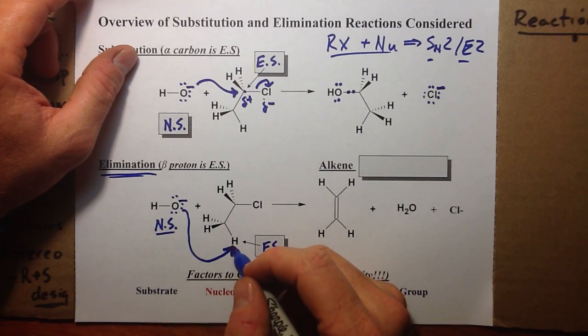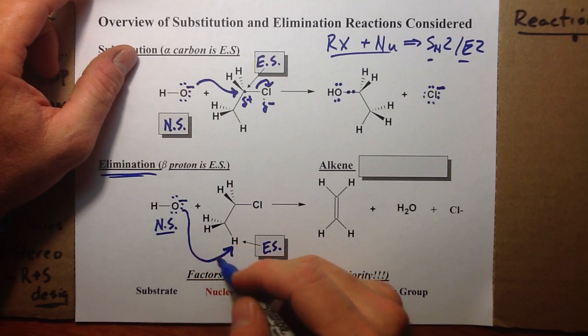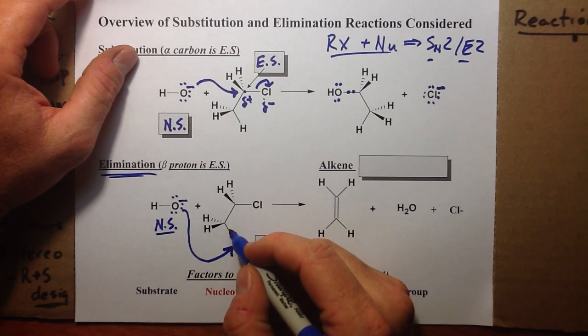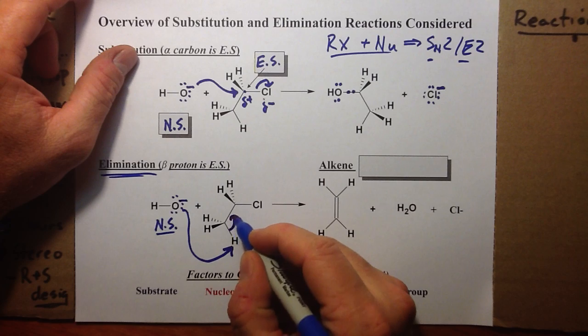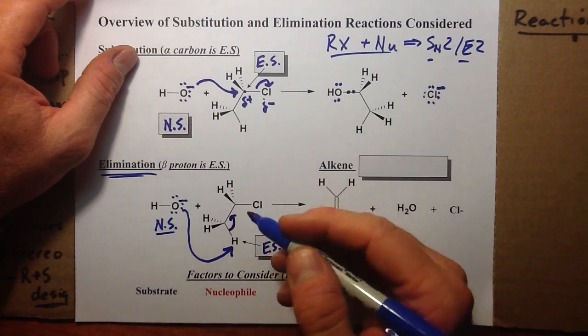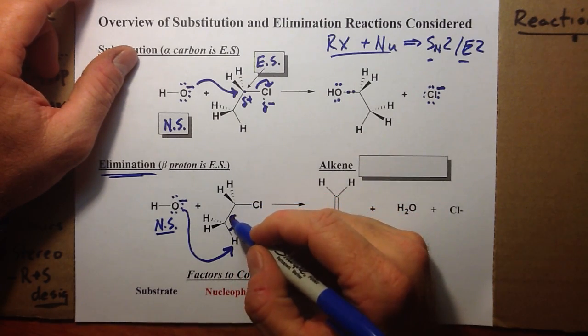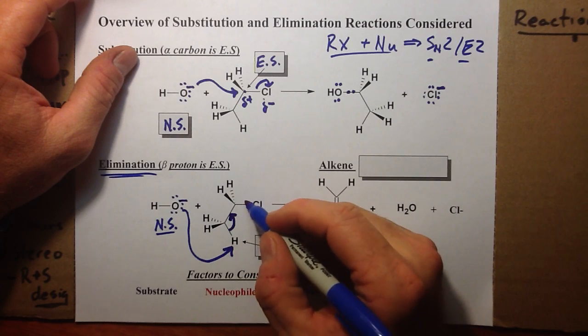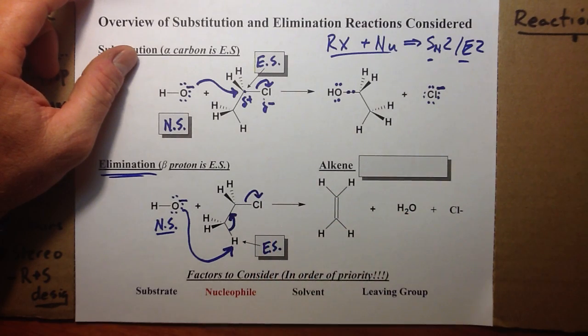So this proton starts to be ripped off, with the hydroxide acting as a base. These electrons have to go somewhere. We don't want to leave them on this carbon, having a full negative on a carbon here. That would be very unstable. So we take those electrons to a pi bond and we kick off the chlorine.